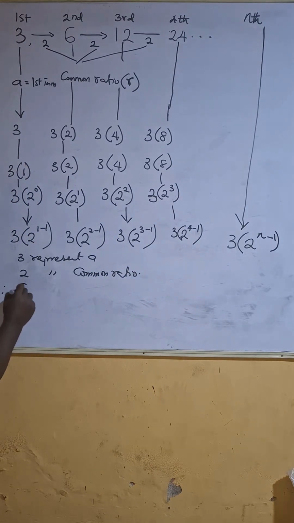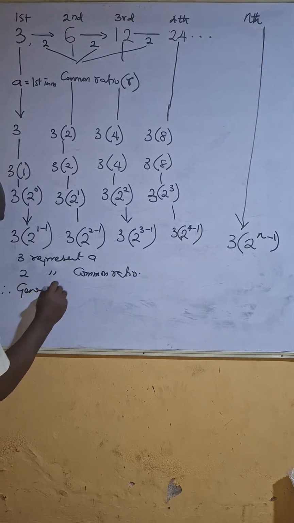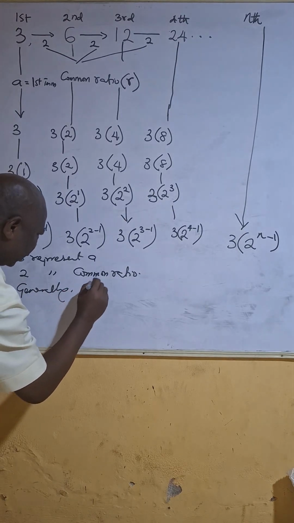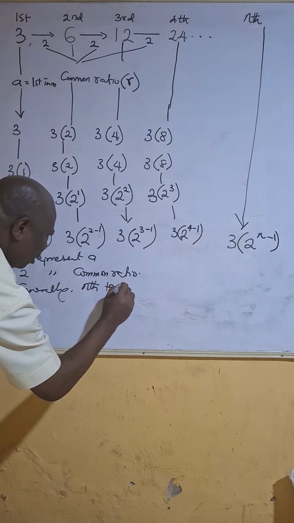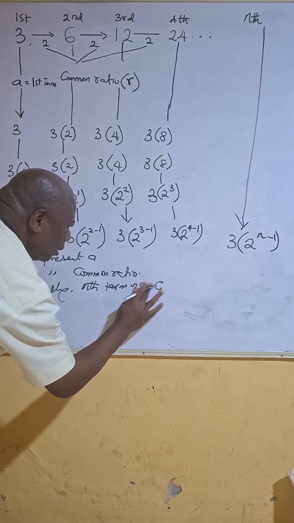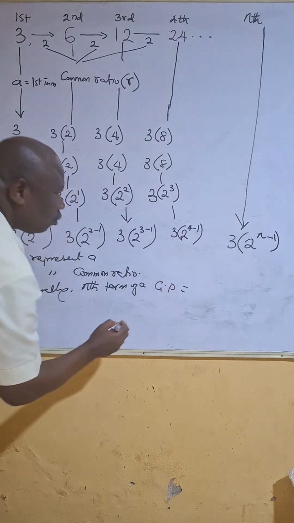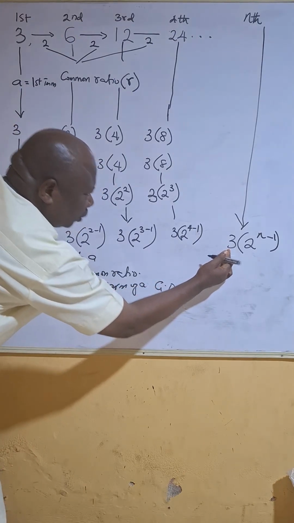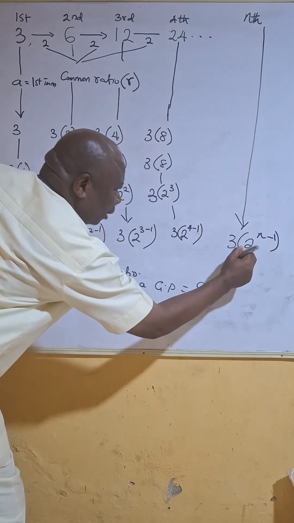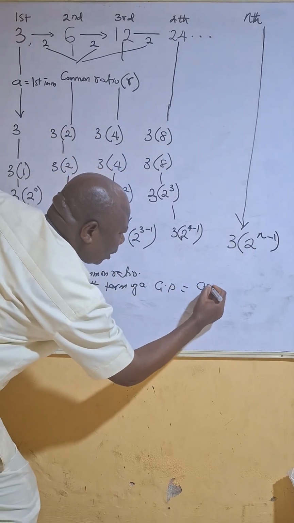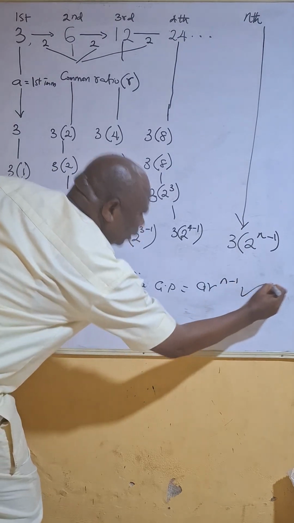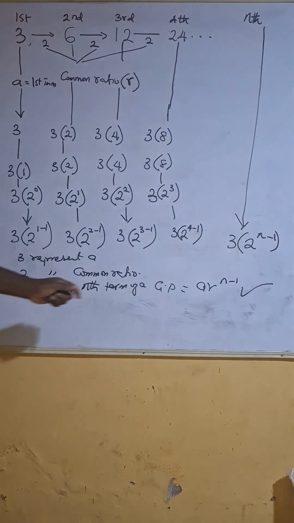Therefore, you can say generally, the nth term of a GP is equal to A, this is A, then 2 is our common ratio, R, then raised to power n minus 1. So this is how they have arrived at the formula.